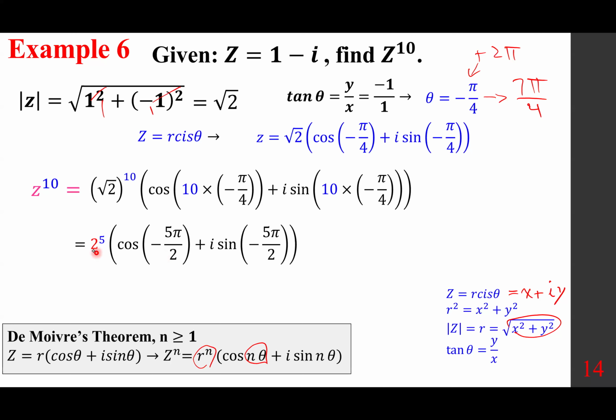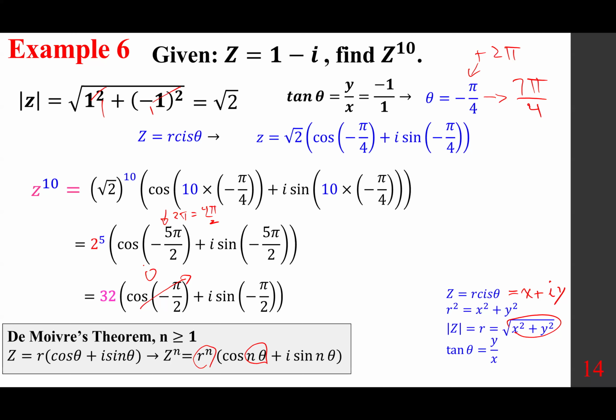So first of all, 2 to the power of 5 is 32, and we should know that. Secondly, if I add 2 pi, which is 4 pi over 2, I get negative pi over 2. Cosine of negative pi over 2 or positive pi over 2 happen to be the same, 0.